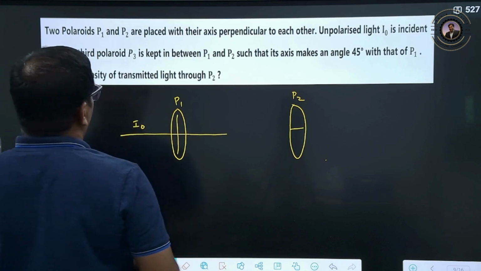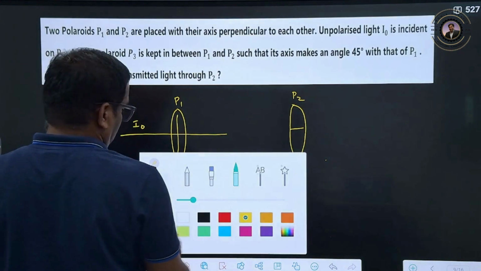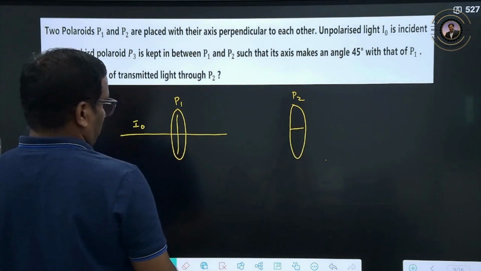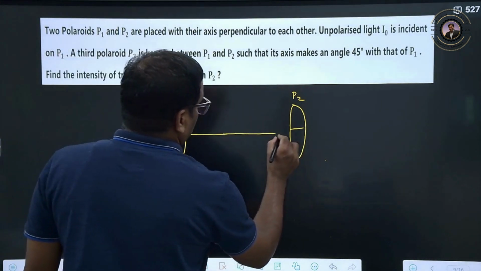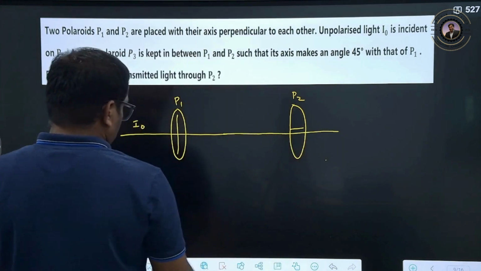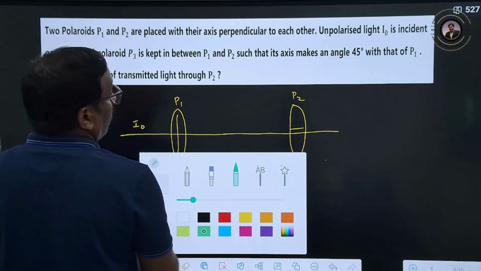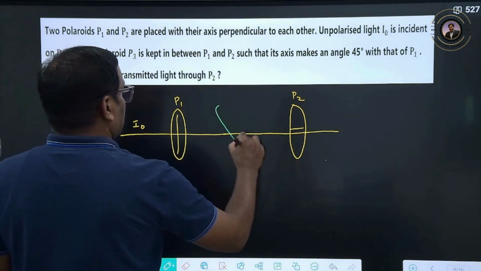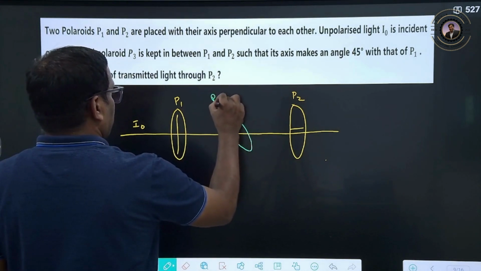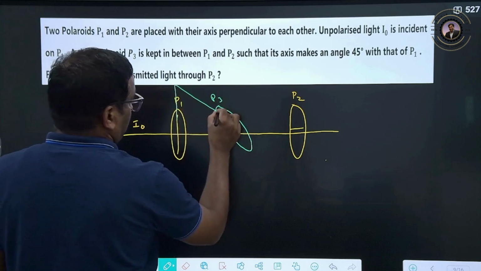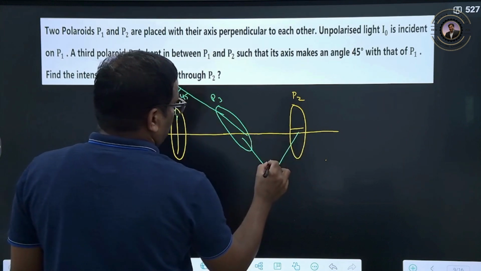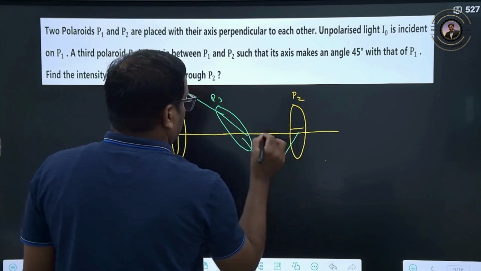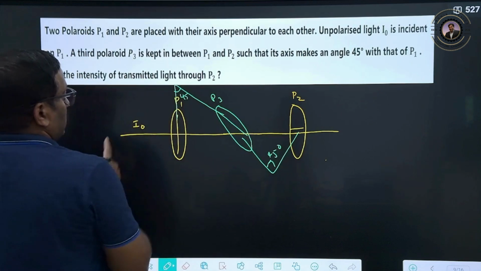A third polaroid P3 is kept in between, such that its transmission axis makes about 45 degrees. Therefore, here it is P3. The angle between each is also 45 degrees. Clear? So this is I naught.